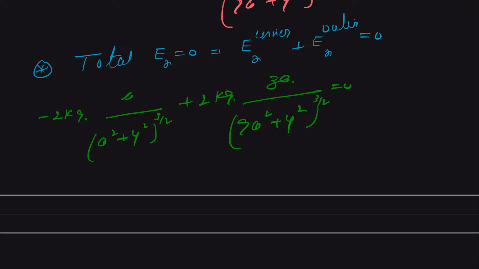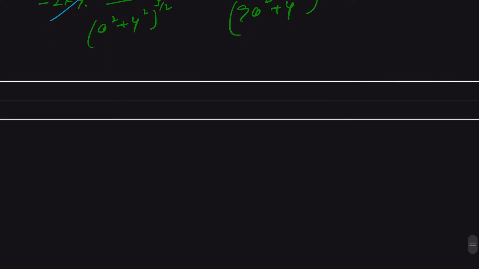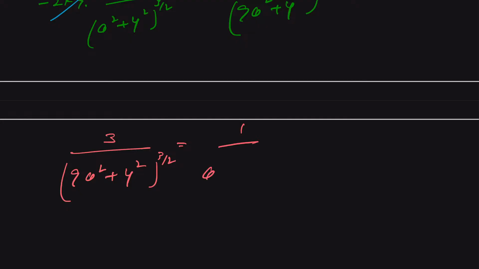And the 2kq and a we can just cancel out, and this gives us, now it's only the calculation part, 3 upon (9a² + y²)^(3/2) is equal to 1 upon (a² + y²)^(3/2).